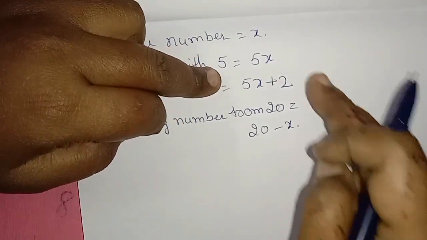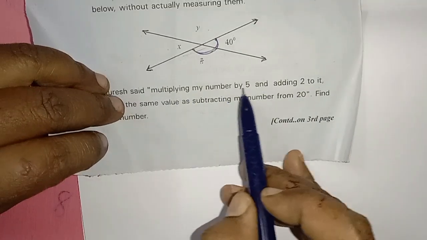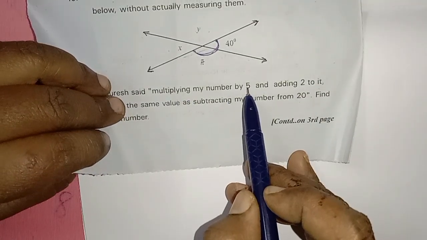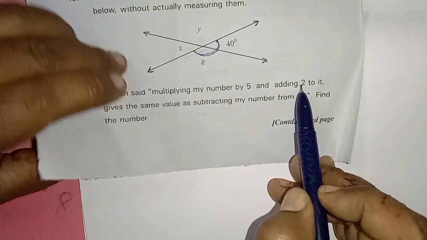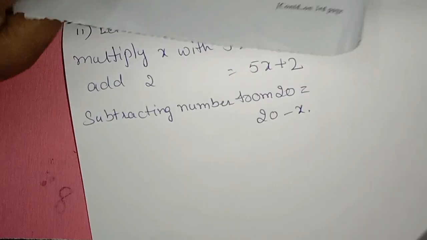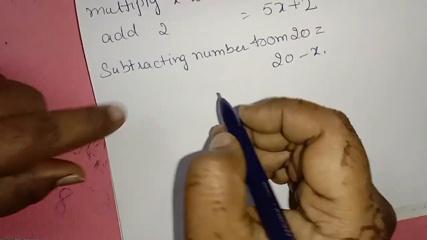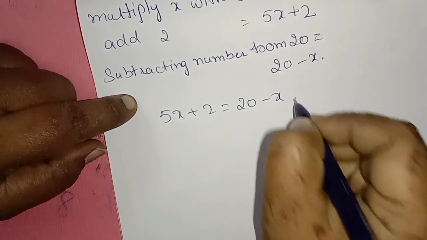These two will be the same. As per our question, multiply my number with 5. Let the number be x. Multiply it with 5 means 5x. Add 2 means 5x plus 2. Gives the same value as subtracting my number from 20, which is 20 minus x. So from the question we can write 5x plus 2 equals 20 minus x.